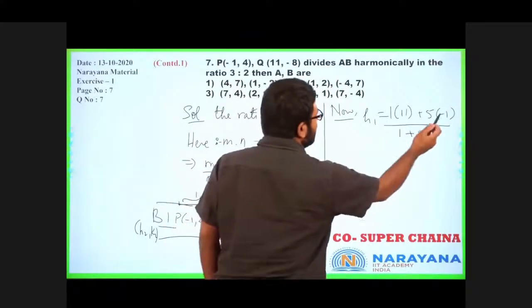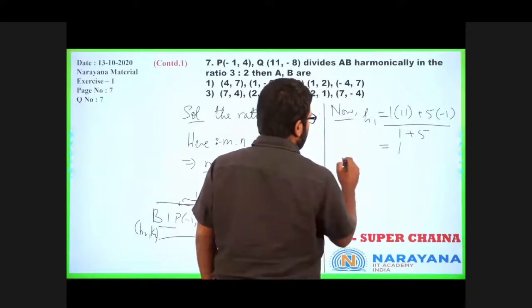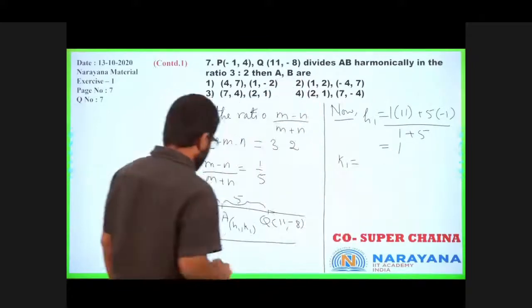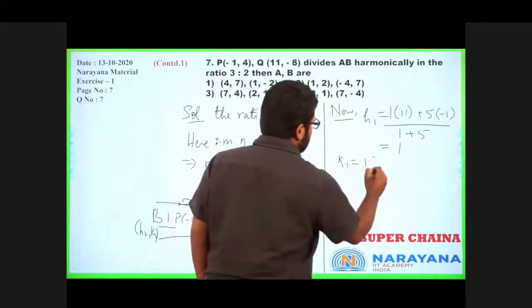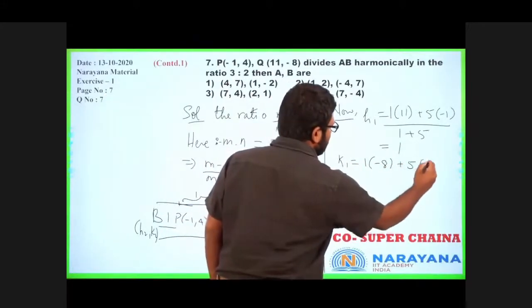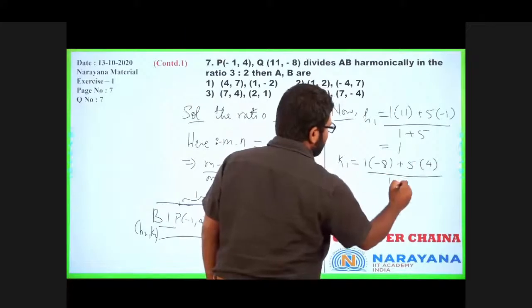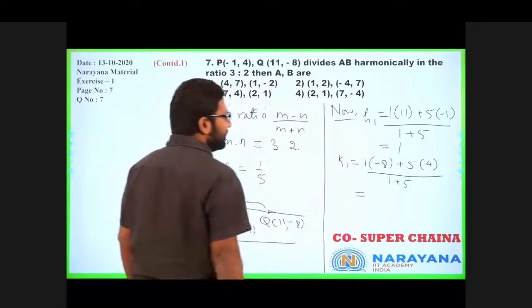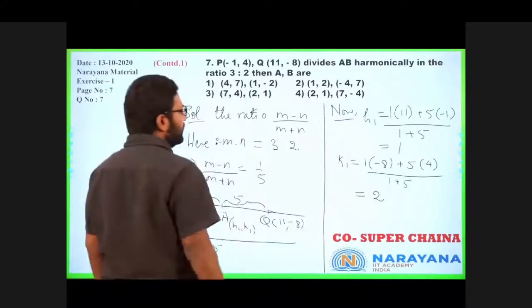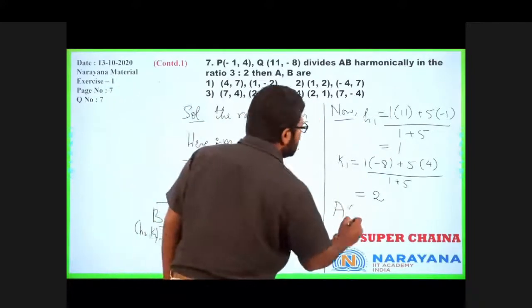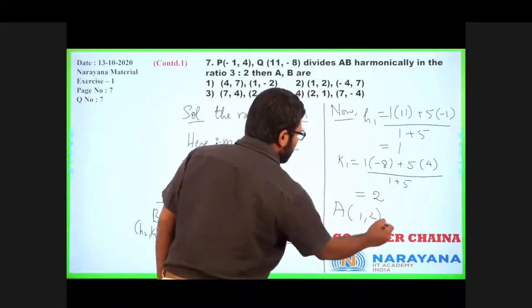How much does that come to? 11 minus 5 is 6 upon 6 is 1. k1 would be 1 into -8 plus 5 into 4 divided by 1 plus 5 again, which is 20 minus 8, so 12 by 6 is 2, right? So A is at least the point (1, 2).